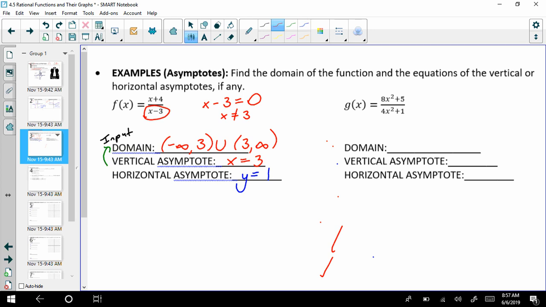Find the domain. So again, my eyes are drawn to the denominator. Let's set the denominator equal to 0, and we want to solve it. So what would I do first to solve this guy? I want to subtract 1.